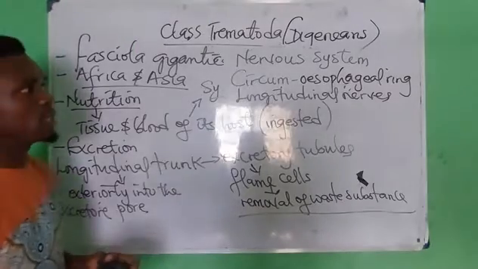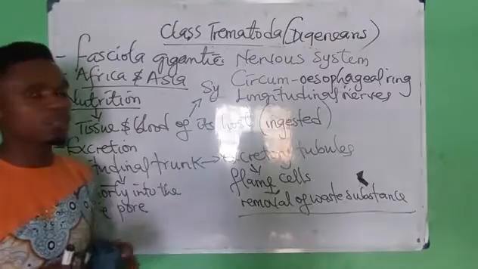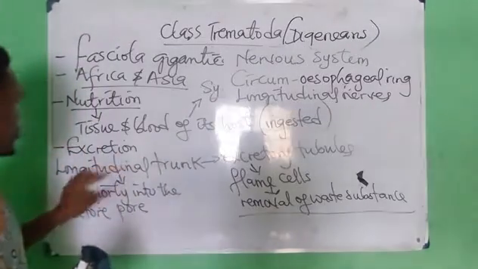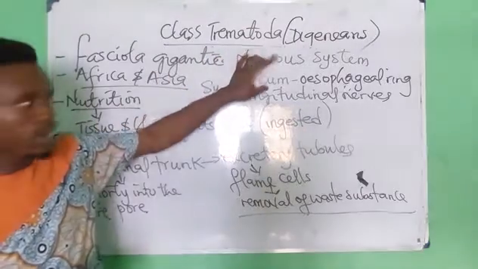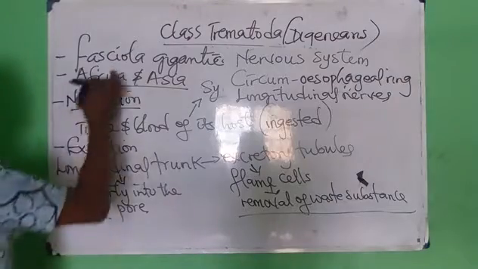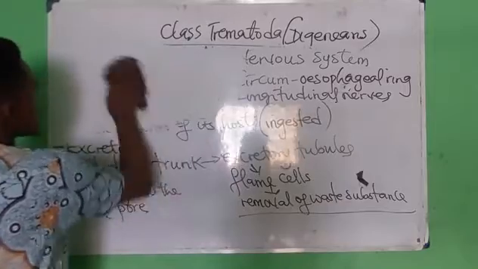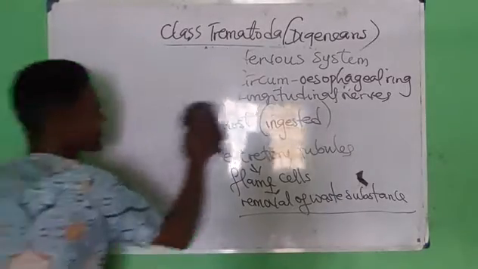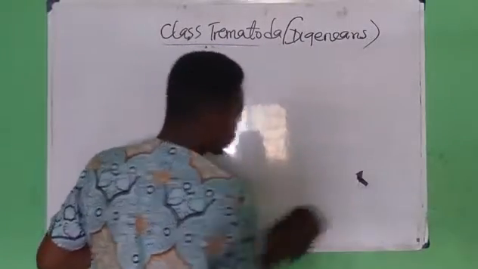Naturally, they help in coordinating body activities by transmitting impulses from one part of the body to another. So that is based on what? Circulation, right? Now, the next thing we are going to be looking at is their mode of reproduction. Don't forget we are discussing Fasciola gigantica. Their mode of reproduction.